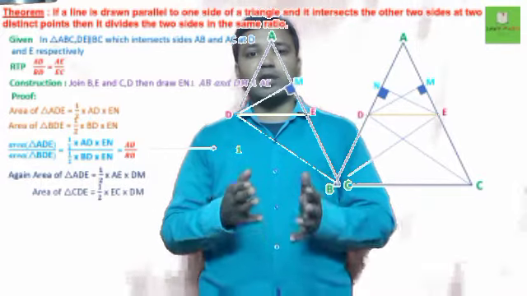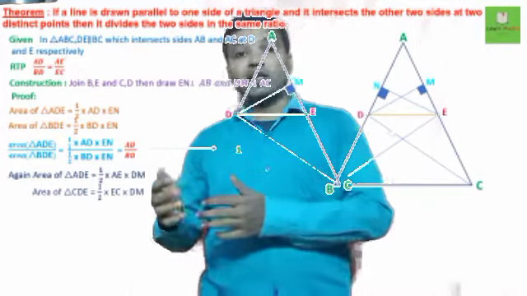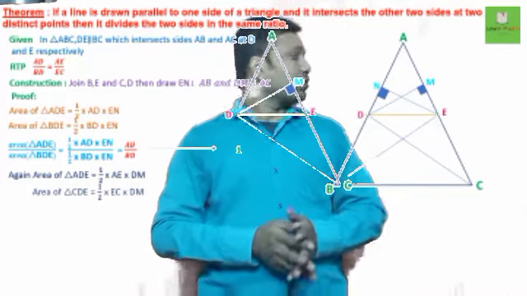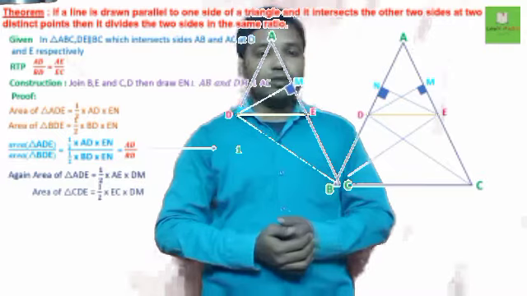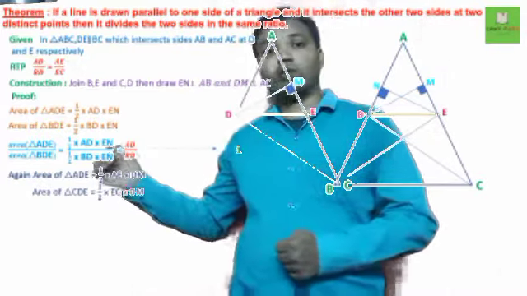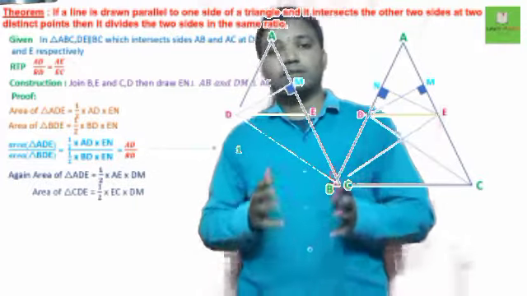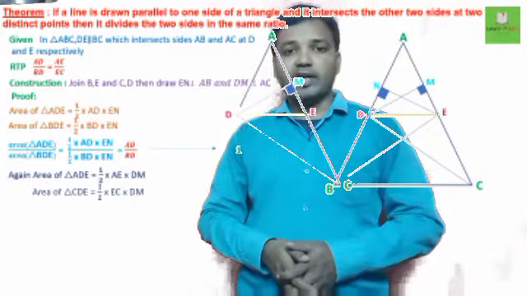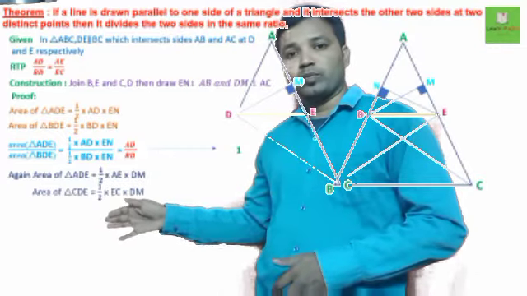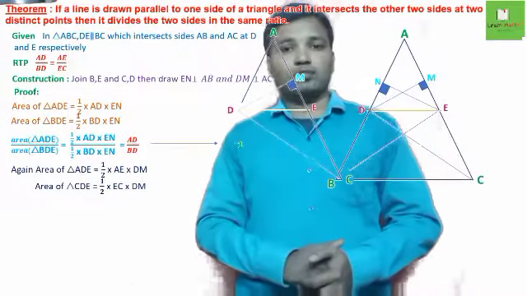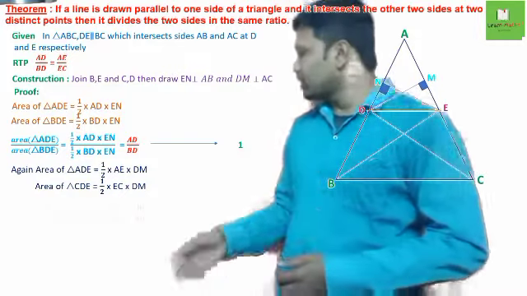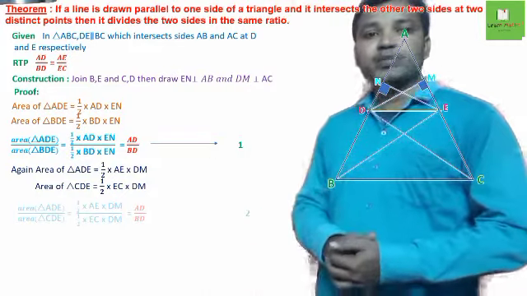It is an altitude dropped onto the line segment EC if you produce it, which we get outside of the triangle. Substituting the terms in the formula, the area of triangle CDE is half into EC into DM. If you divide the two areas, by simplification we get AE by EC as the second equation.